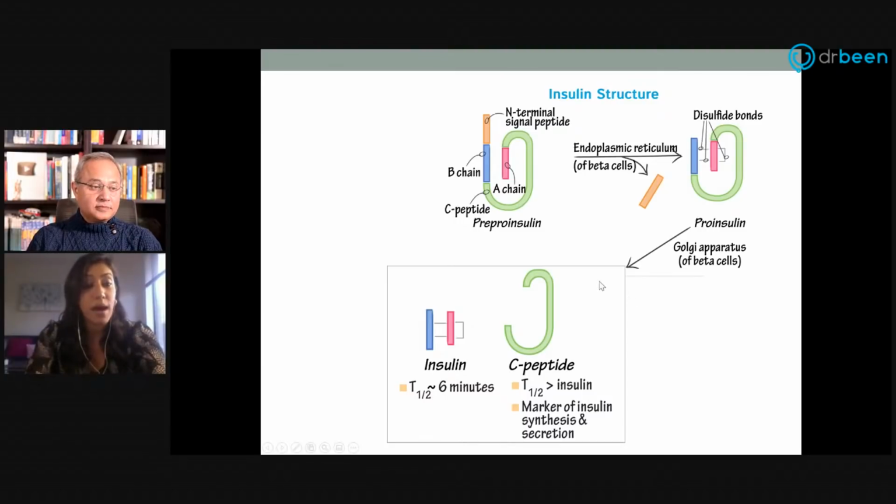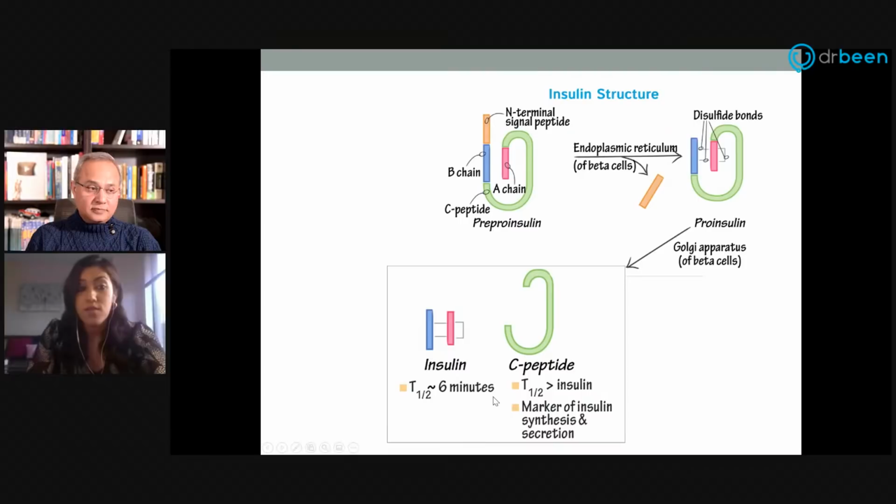So why is C-peptide actually a better marker? Well, insulin's half-life is only about 6 minutes. C-peptide has a longer half-life, lasting about 35 minutes. When someone administers insulin exogenously, it circulates through the peripheral tissue before it reaches the liver. Endogenous insulin, the insulin you make in your body, initially goes to the liver and is taken up, and about 50% might reach the peripheral tissue.